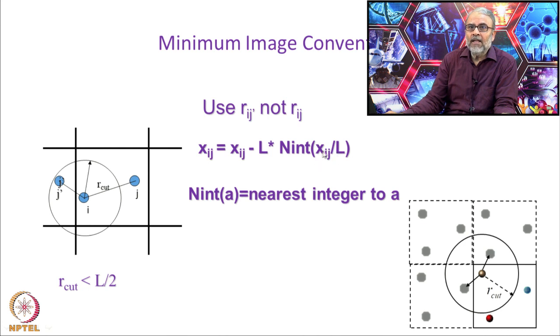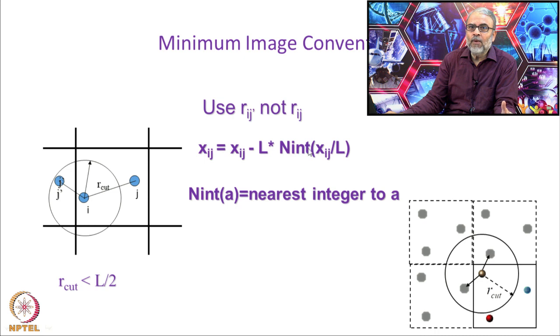So, when I divide xij by L, I get a number, and if I take the integer part of that and multiply by L, I get the correction to the real xij. What is nint(A)? Nearest integer to A. For example, if xij is more than the half box length, suppose xij is 0.7 times L.